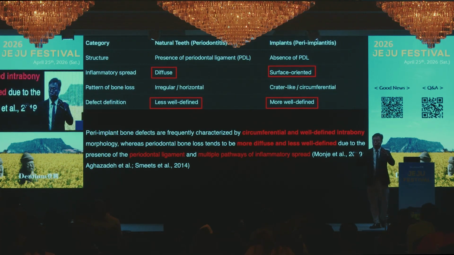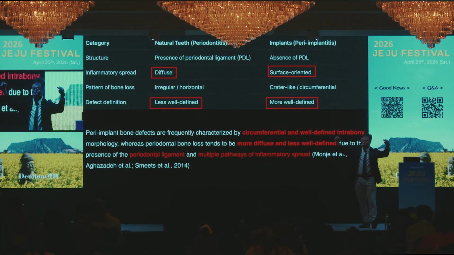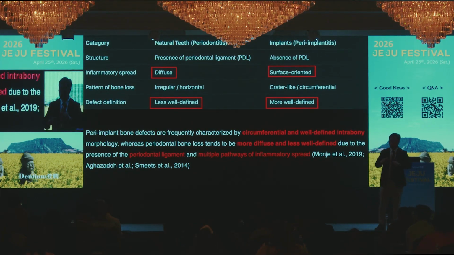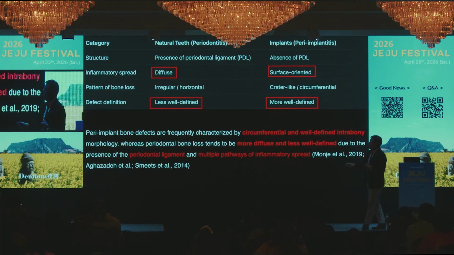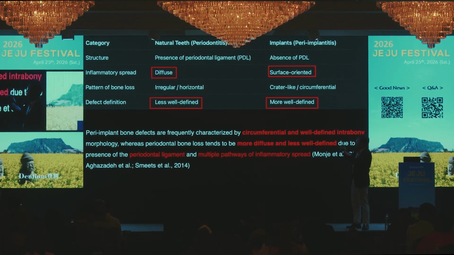That's the difference in the lesion after removing the tooth versus after removing the implant. After removing the natural dentition due to periodontitis, the defect is diffuse. The inflammatory spread is diffuse.